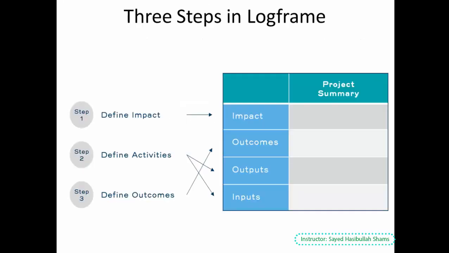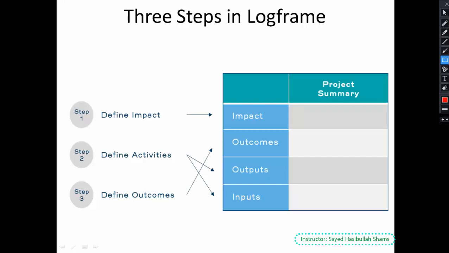Three steps in Logframe. The three steps in Logframe are: first, as I have mentioned before, we must define impact. So the first step in the logical framework is to define impact. The second step is to define activities.